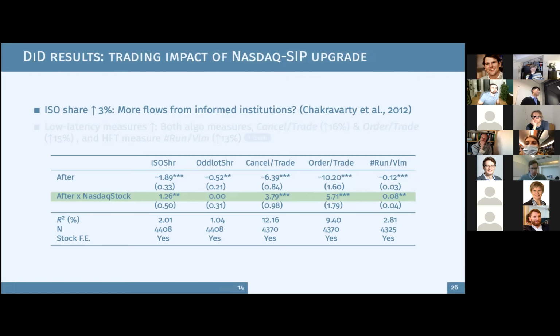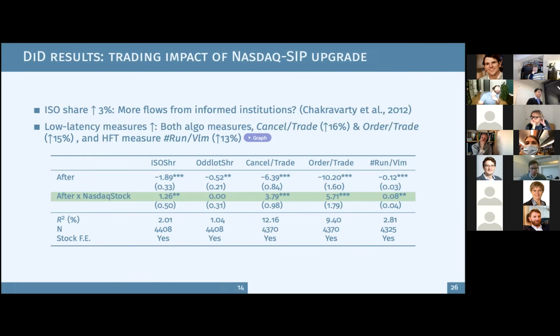Also, the coefficients and numbers here are in absolute terms. To get a sense of the magnitude of the change, I divide them by the unconditional mean in the sample. And you can see the cancel to trade ratio increases quite a lot, by 16%. And the magnitude is also very large for the other two measures.